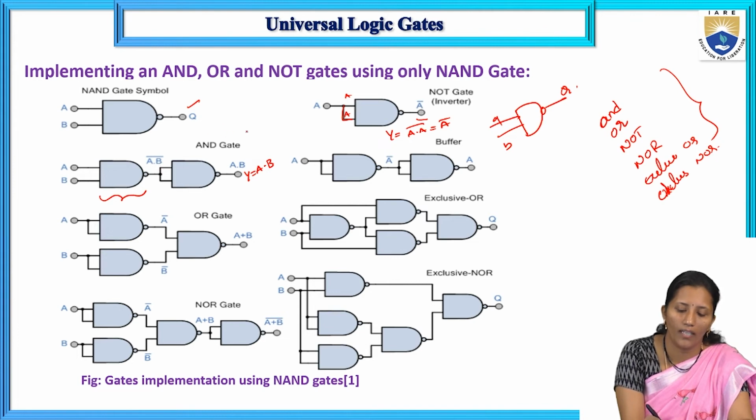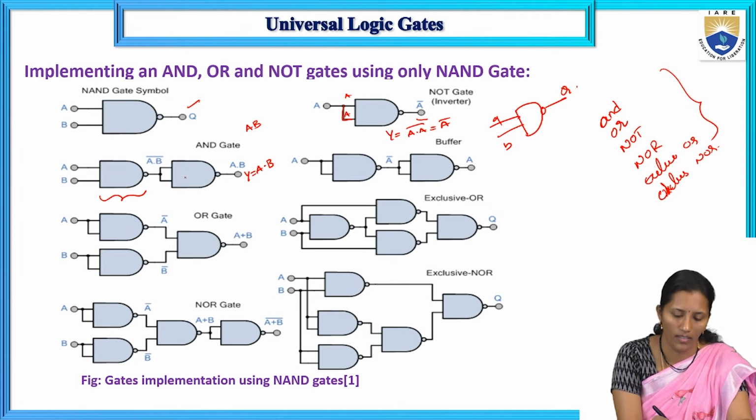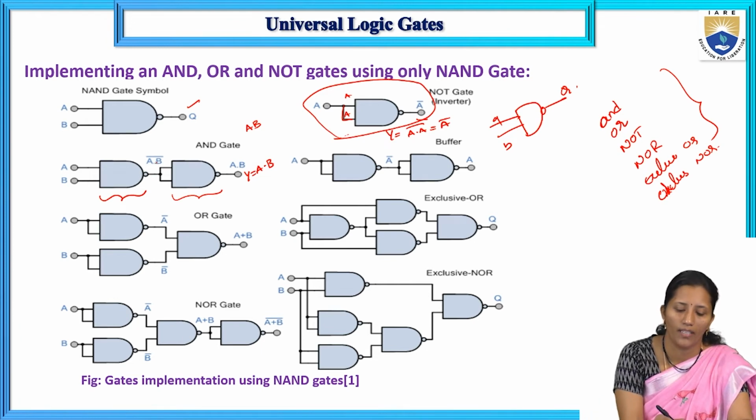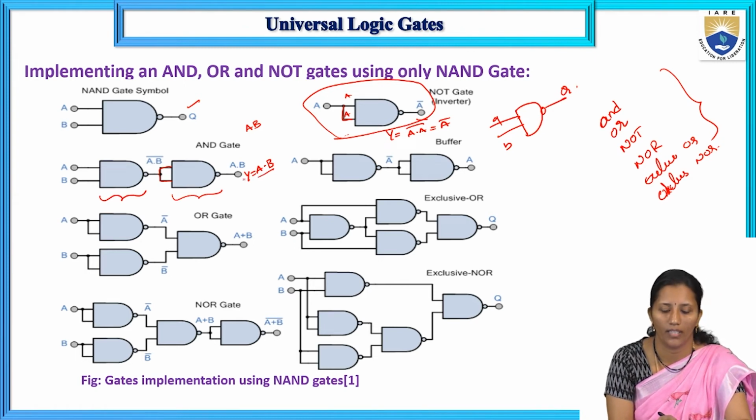To get the AND gate we should get AB, so we invert that AB bar again, and then we will get AB. To get the NOT gate function with a NAND gate, both the inputs are the same, and then we get the inversion.